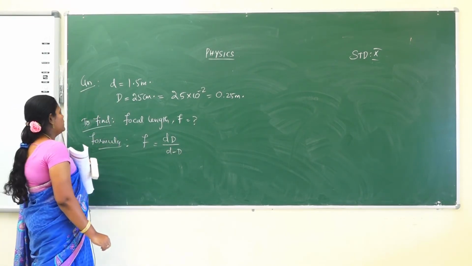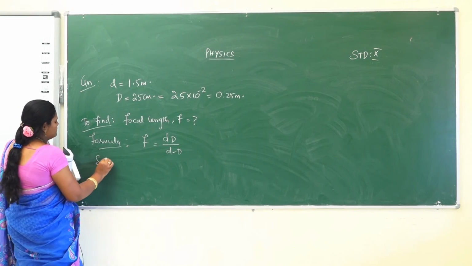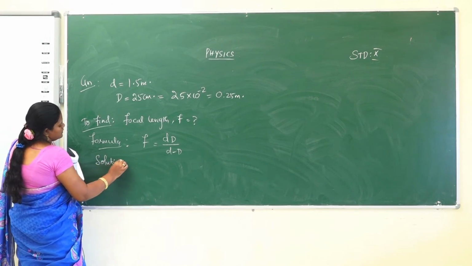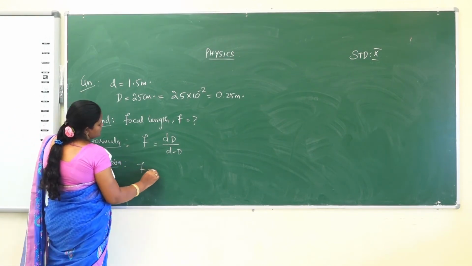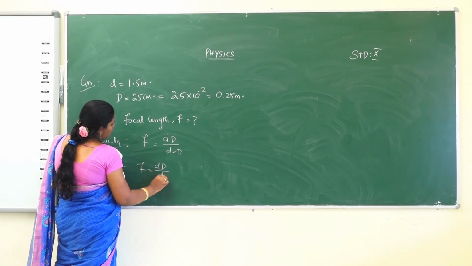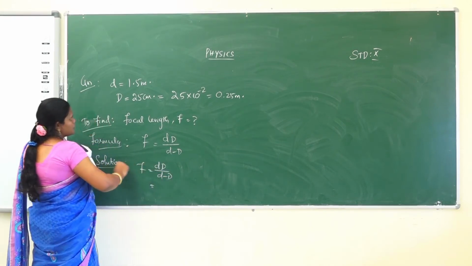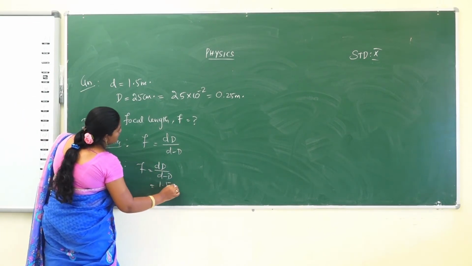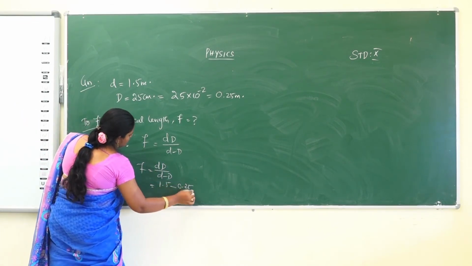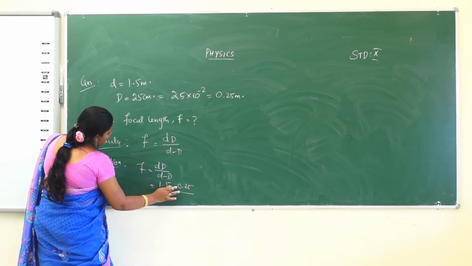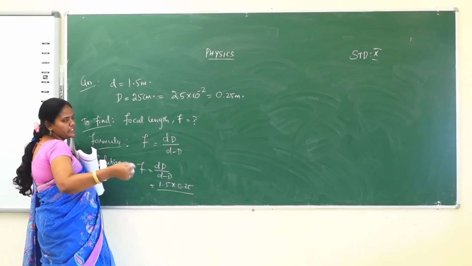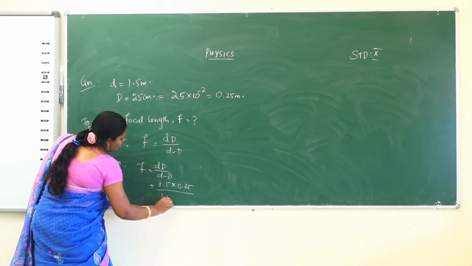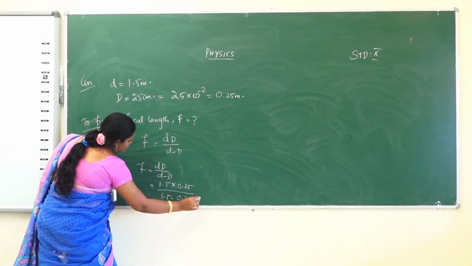Then solve this problem. F is equal to small d into capital T by small d minus capital T. Substitute the values: 1.5 into 0.25 by 1.5 minus 0.25.